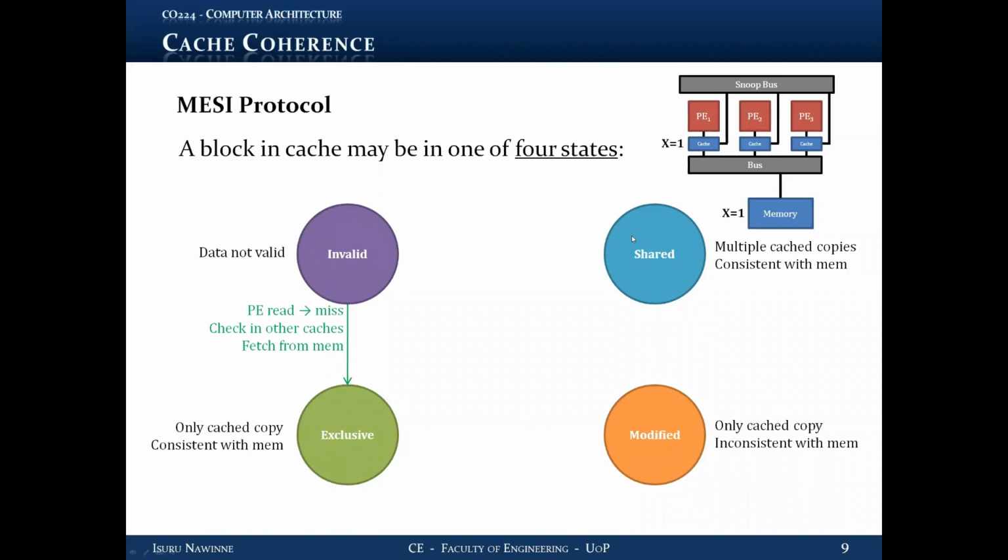Okay. Now, what happens second? Processing element 3 is now performing a read on the same address X. That read comes to the cache controller of processing element 3.